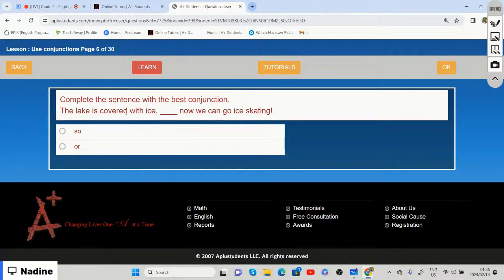Or do we say or now we can go ice skating? And if we choose the correct one, we can say the lake is covered with ice, so now we can go ice skating.